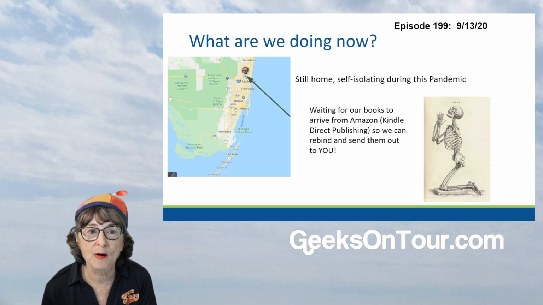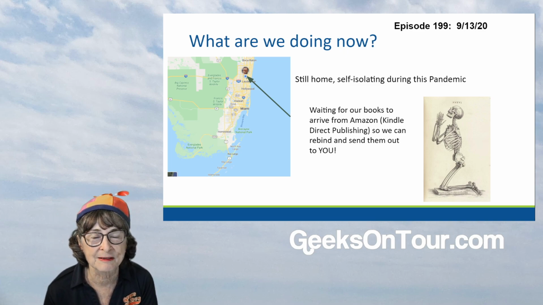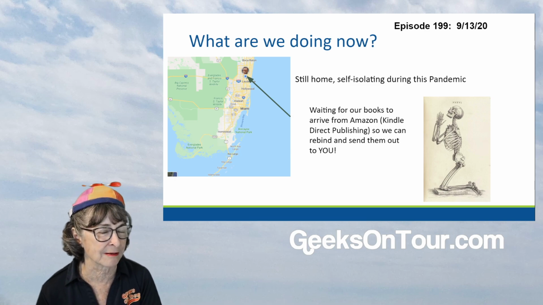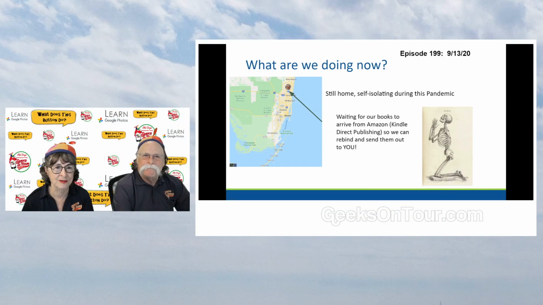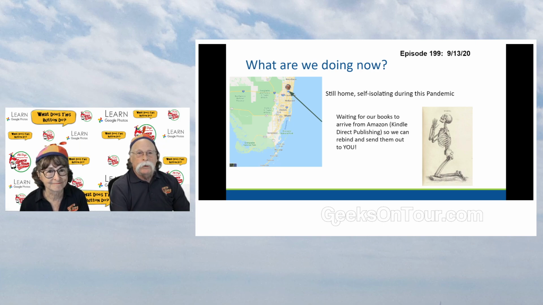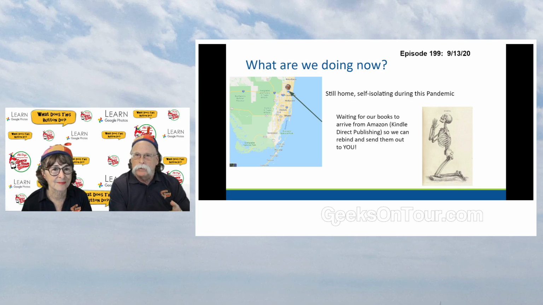Well, we're still home, self-isolating. Thank goodness for computers and internet. Because we feel just fine and social, but if not for that, this would be a pretty bad time. And we are waiting for our books to arrive from Amazon. For all of you that ordered the special Spiral Bound edition, I should be getting those books, according to Amazon, this very day.